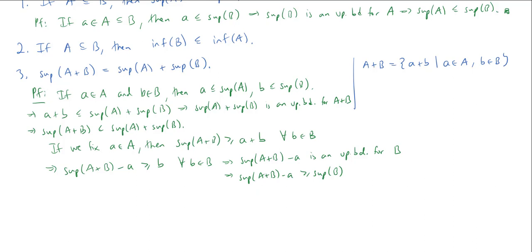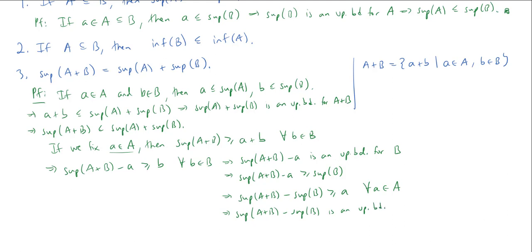This was true for all a in A, since I fixed one of them. So let me swap things around here, and I get that the supremum of A plus B minus the supremum of B is at least as big as a, and this is true for all a in A. So the supremum of A plus B minus the supremum of B is an upper bound.